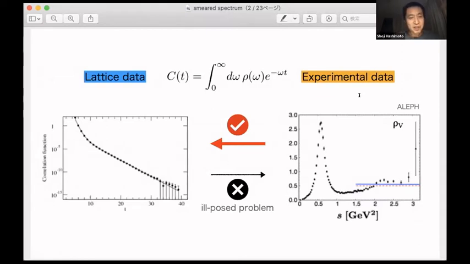Everyone shares the same problem: starting from the lattice data, whether we can reconstruct the spectral function. That is the famous ill-posed problem, and everyone here is struggling about what is the best way to do that.